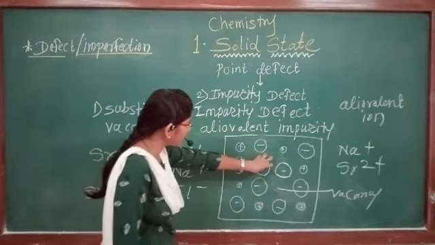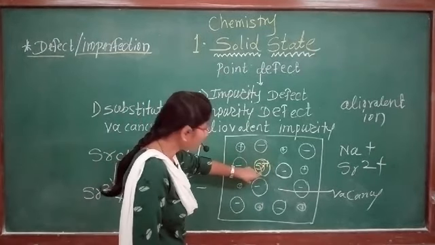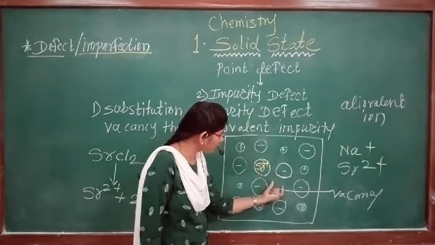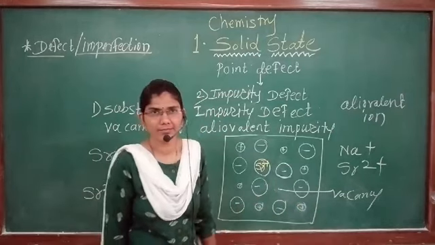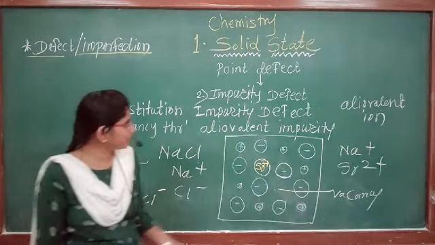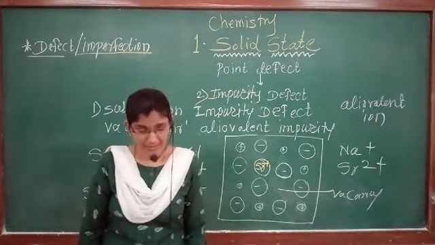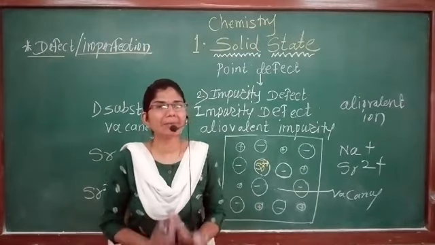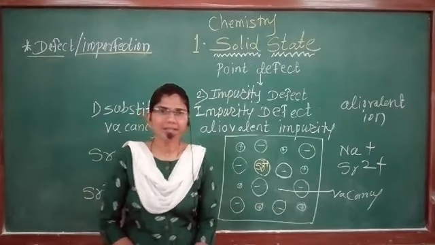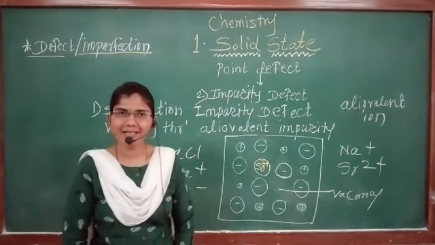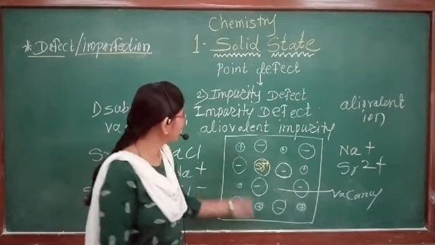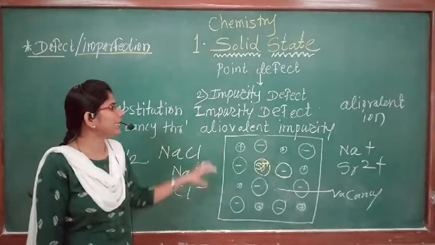Instead of one Na plus we have Sr2 plus, but it has a plus 2 charge, and therefore another Na plus gets removed. So when an impurity like Sr2 plus is added to the original NaCl crystal, the host atom is replaced by that impurity, but a vacancy is created, because allovalent ions have a higher oxidation state than the host atom. This is the vacancy through allovalent impurities.